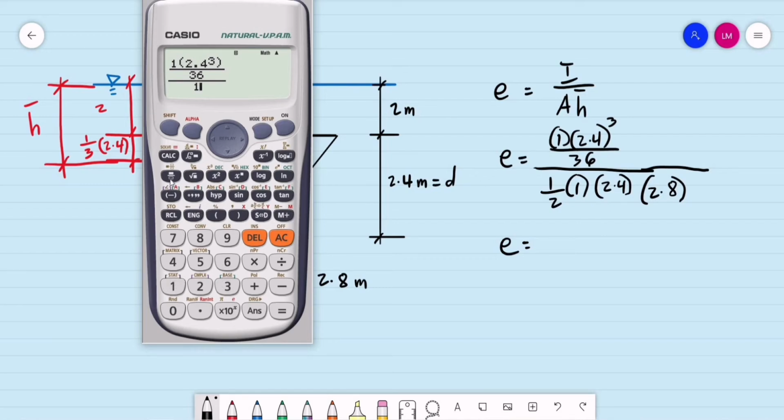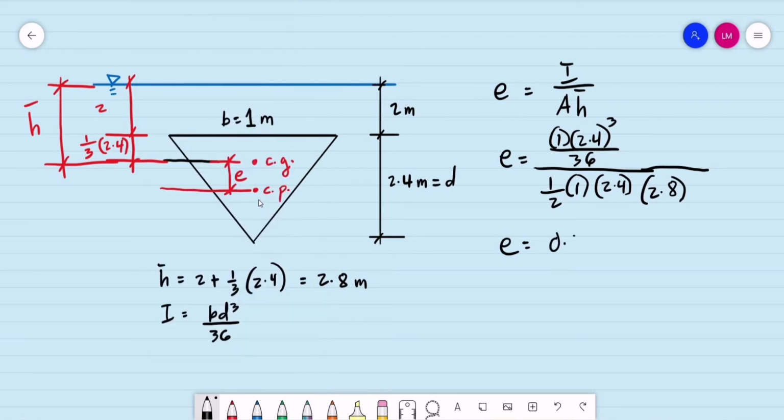Then the area is 1/2 of the base. Okay, we have a base of 1 meter. A total depth of the triangle is 2.4 meters. Then yung bar H is 2.8 meters. So that's equal to 4 over 35 or equal to 0.114 meter.